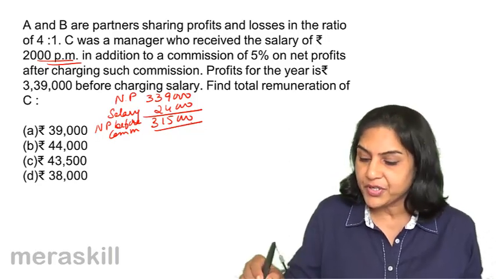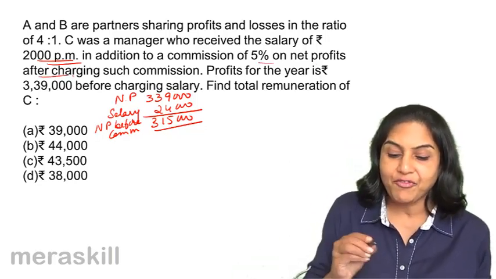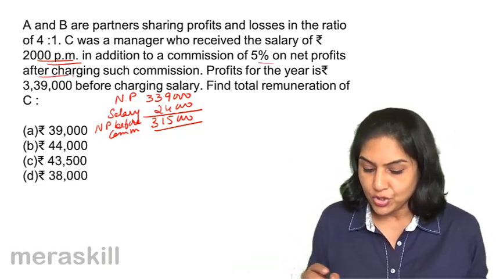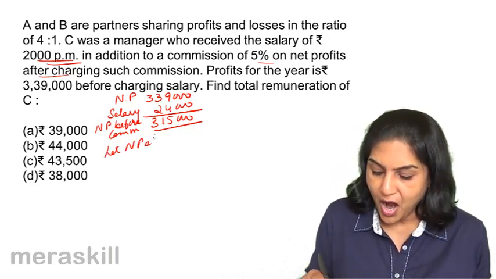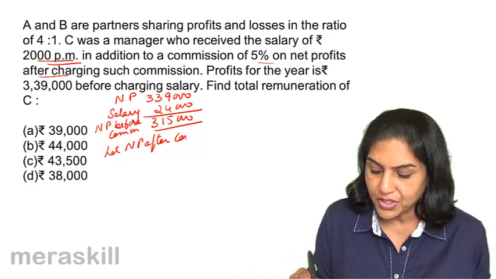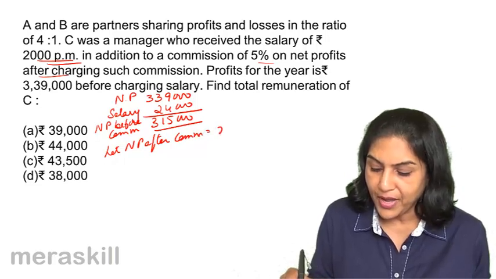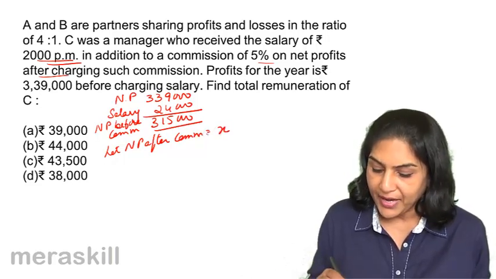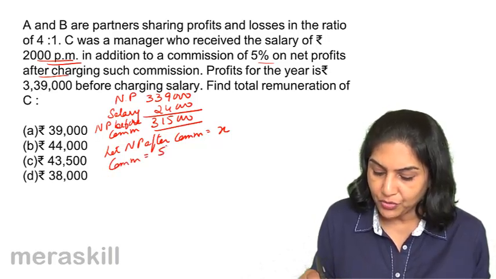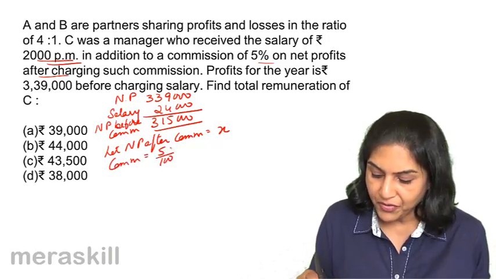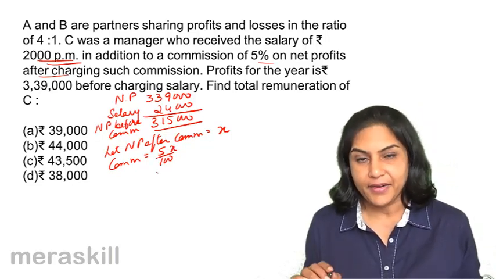Commission is 5% on net profits, but after charging such commission. So let us say, let net profit after charging commission be equal to X. If that be the case, what is commission? Commission will be equal to 5% of X or 5X by 100.